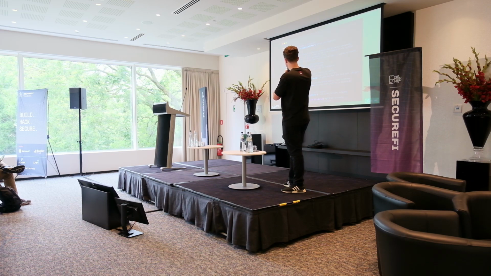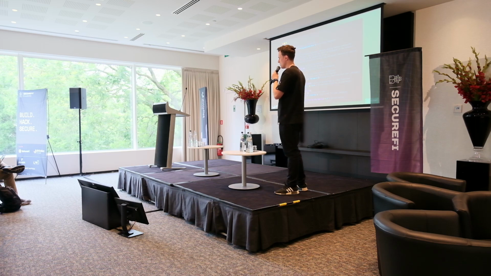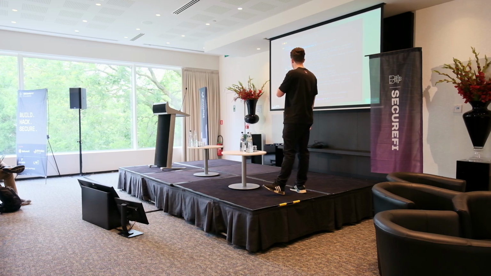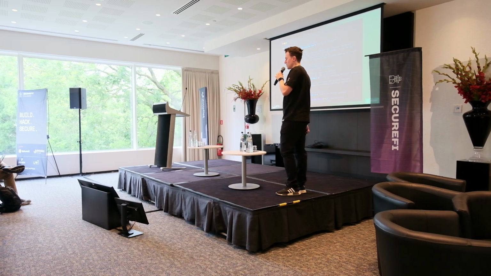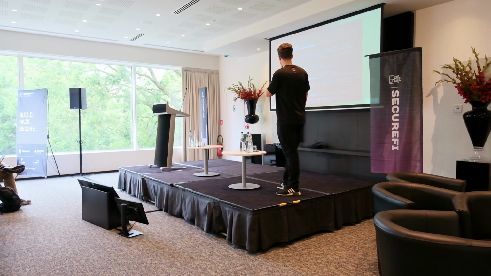And then I want to filter that for all functions that call the underscore delegate function. So the underscore delegate function is the function that actually sets the delegate. And I want to know all the functions that call that one. So all of the, for example, external functions that call that internal function. Then I do the same trick again with source code. So if there's no address 0 check in there, we basically have our candidate potential bug.